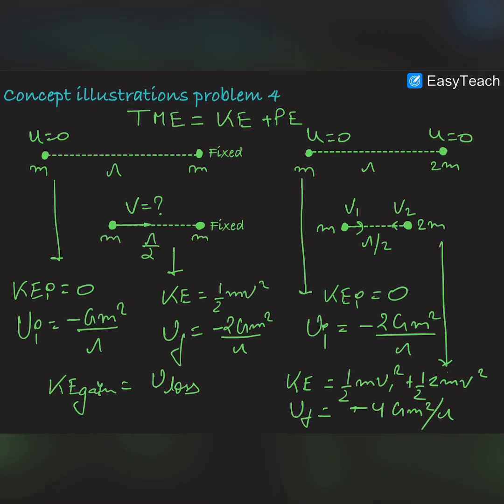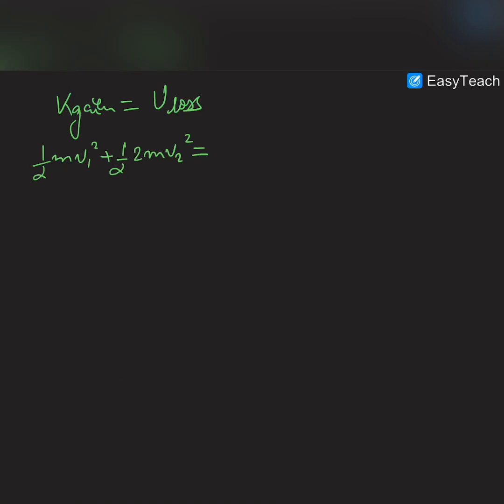When we refer to the loss in potential, by default the initial potential energy is higher and the final is lower, so the difference of these two potential energies would be U initial minus U final.